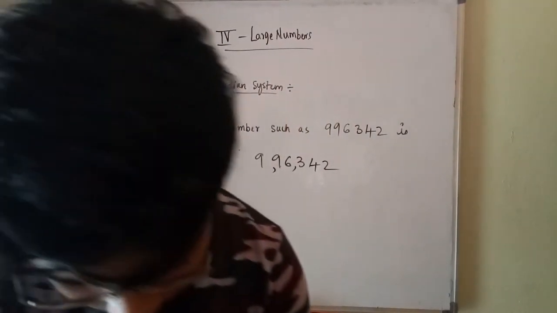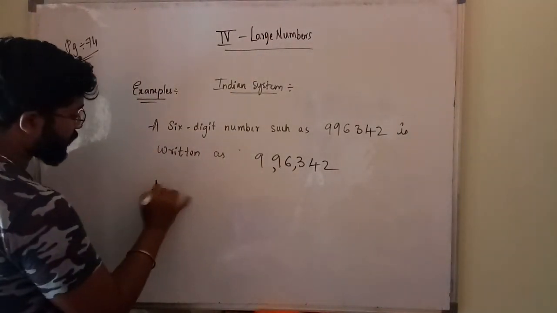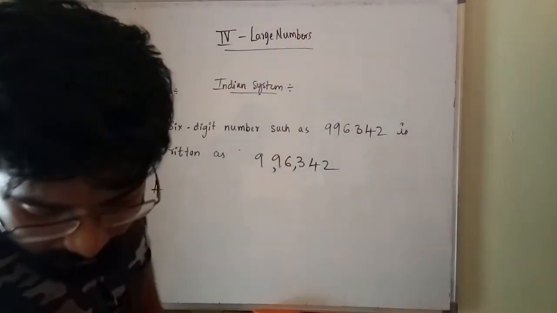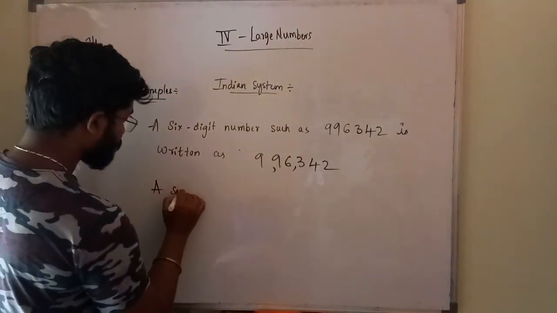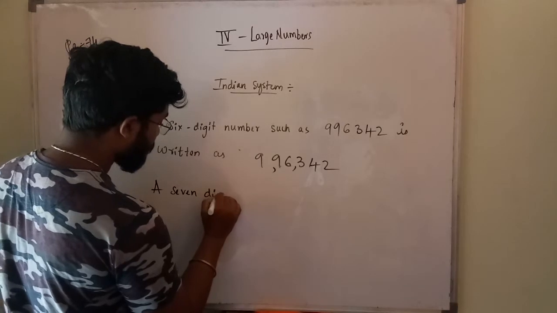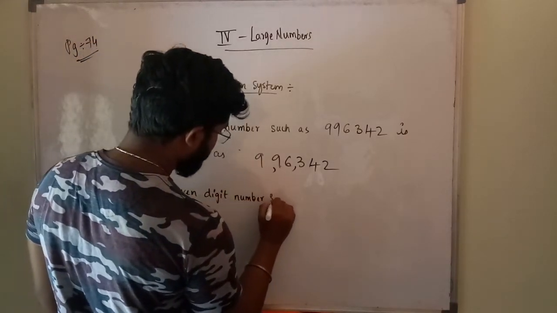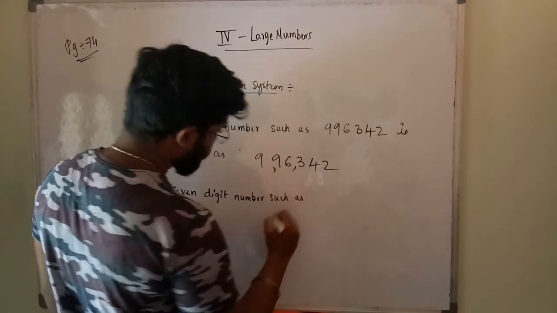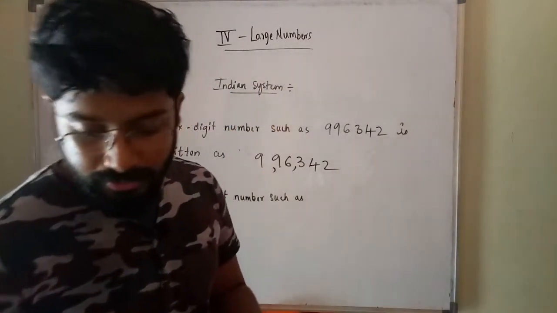Next example: a 7-digit number such as 6384291 is written as. Here we are dividing each period according to the Indian system only.